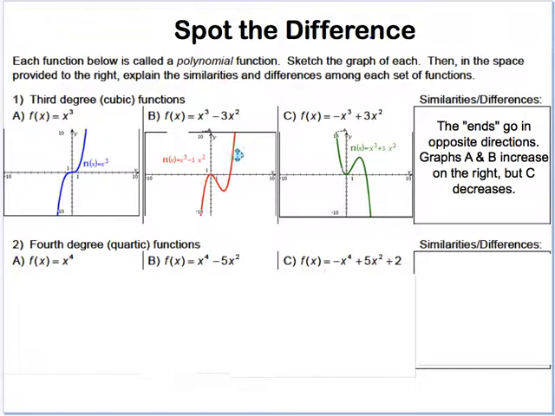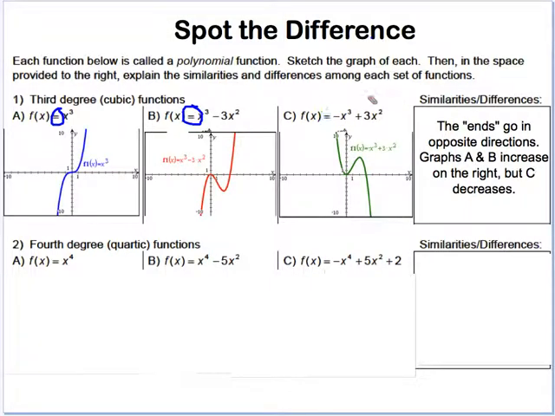What's causing that change? Well, your leading coefficient. Remember, it's the leading coefficient that determines whether you're going to go up or down on the right side. It's positive here, so we're going up. It's negative here, so we're going down.